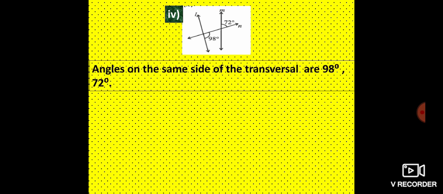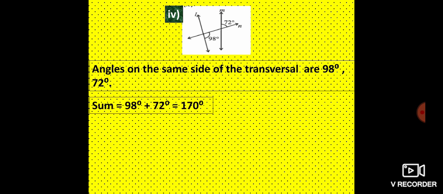The last, fourth question. Here only the interior angle 98 is given. But we know 72 is given, and the opposite angle of 72 is also 72 degree. Therefore, the angles on the same side of the transversal are 98 degree and 72 degree.